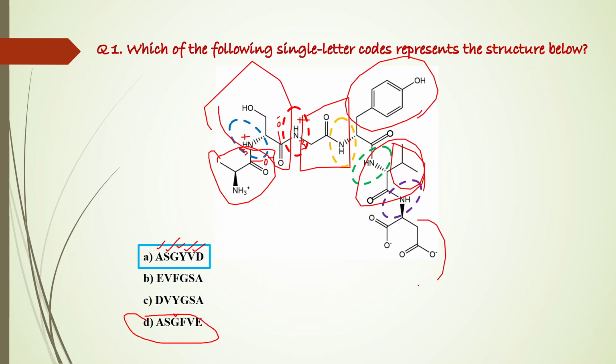And the last amino acid, that is here, we can see the side chain is CH2 COO minus. And for CH2 COO minus, one second, my pen is not working.